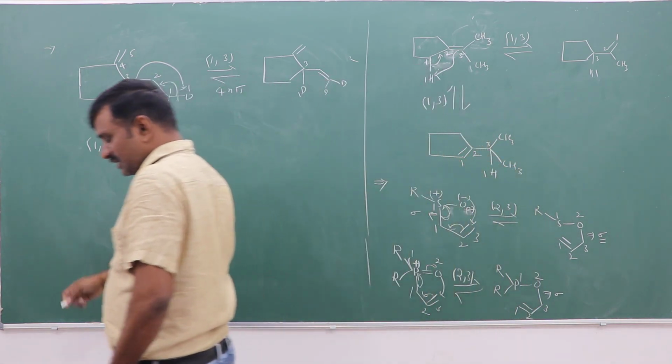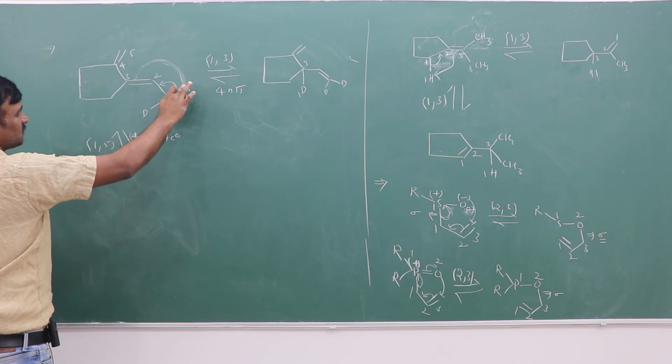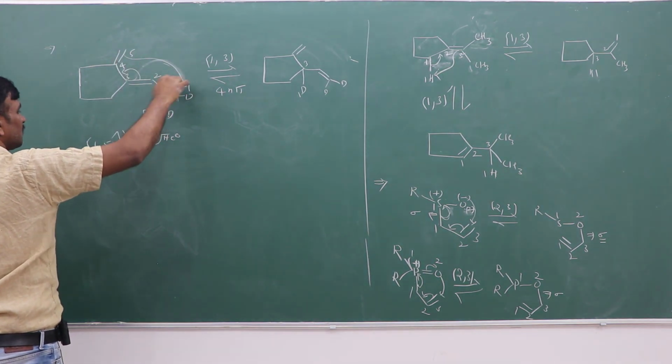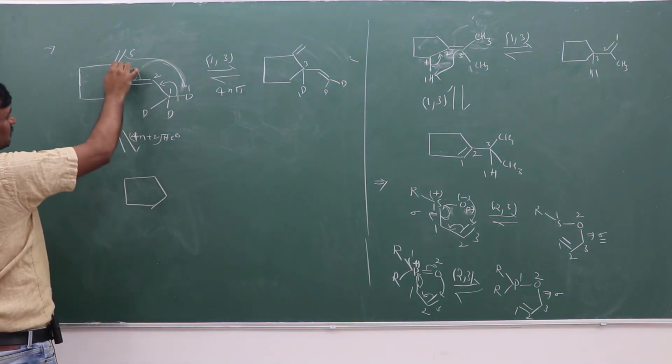Which shift takes place? A 1,3 shift. If a 1,5 shift takes place, what will happen? Again like this. When a 1,5 shift takes place, the product is like this.